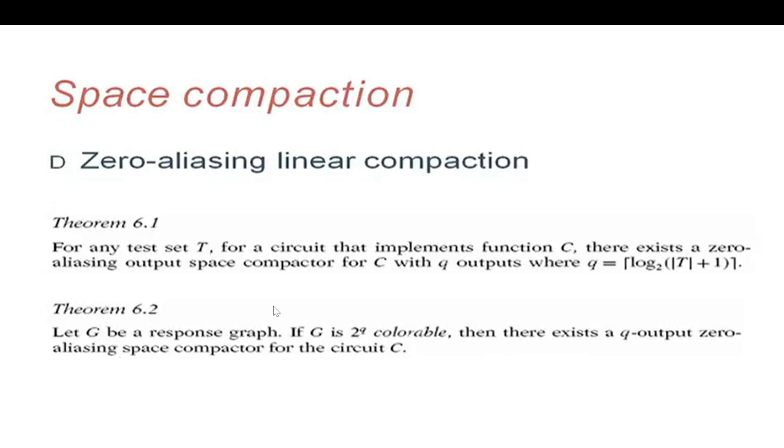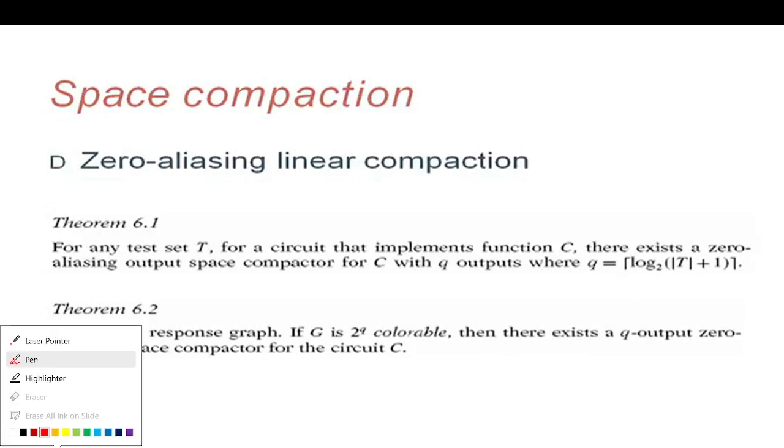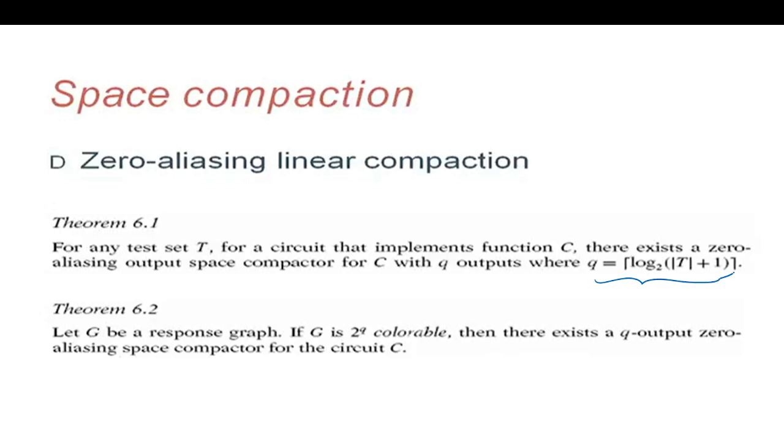For zero aliasing, this formula is important. For a test set T, for a circuit that implements function C, zero aliasing means the fault will not be masked.